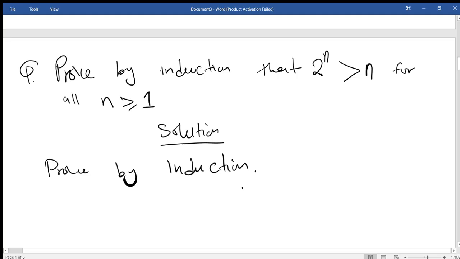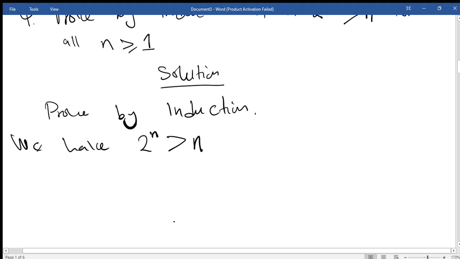We have 2 power n greater than n. What does the base step say? The base step simply tells us to let n be equal to 1.